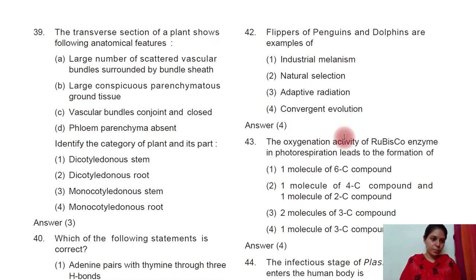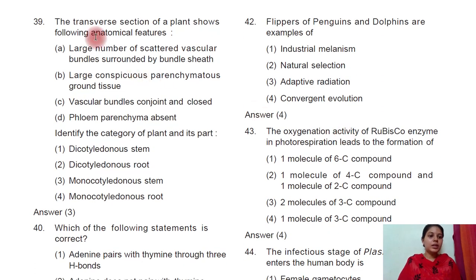The transverse section of a plant. So they have taken a TS of a plant, and they are observing the particular parts. So it had a larger number of scattered vascular bundles surrounded by bundle sheath. Next, it had larger conspicuous parenchymatous ground tissue. Next, it had vascular bundles conjoined and closed. Next, phloem parenchyma is absent.